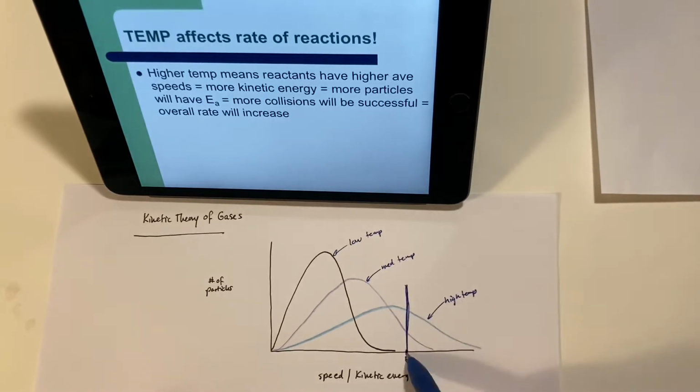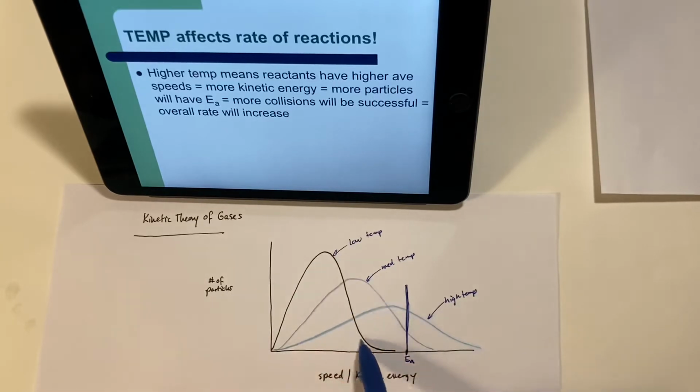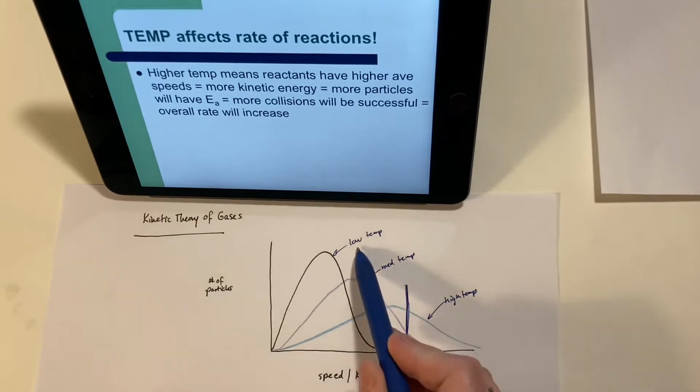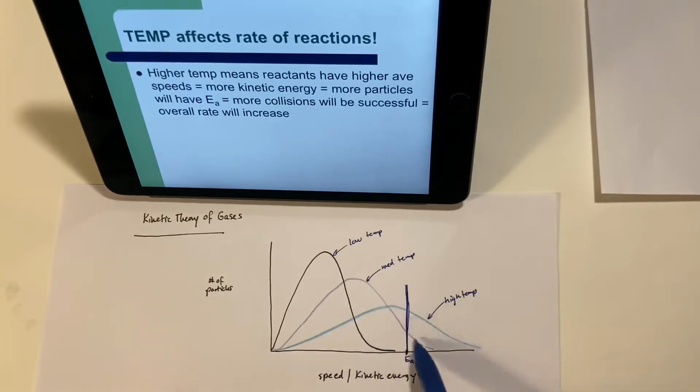So at that point, we would look over here, all these particles at low temperature. It looks like we really don't have any of those particles with enough energy to activate the reaction. They're just not moving fast enough. They're too lazy at the low temperature. The medium temperature, it looks like, oh, we do have some particles right up here.